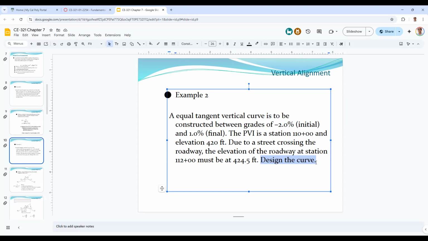C will be G2 minus G1 over 2L, which, if I solve it, will be 0.03 over 2L, times x squared. So A plus bx plus cx squared.